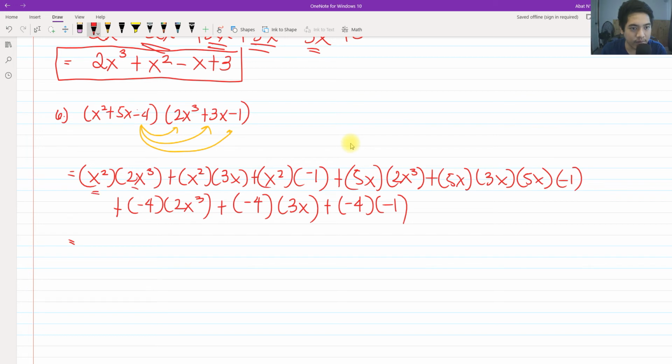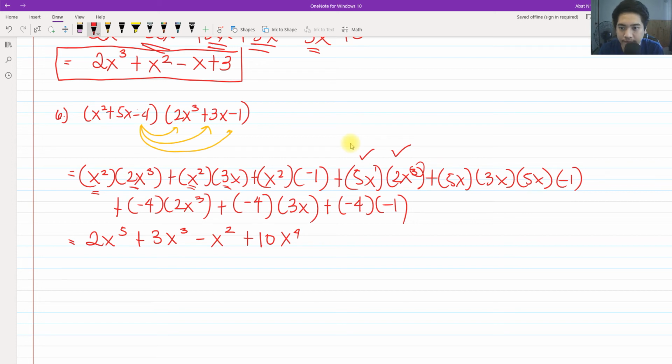X squared times 2x cubed would be 2x raised to 5. The exponents add: x squared and x cubed, so x raised to 5. And x squared times 3x, that's 3x cubed. X squared times negative 1 is negative x squared. Then we have 5x times 2x cubed. That's positive 10x raised to 4. So 3 plus 1, the exponents.